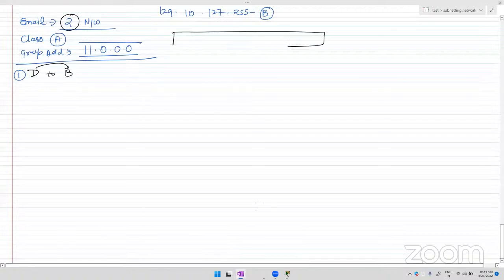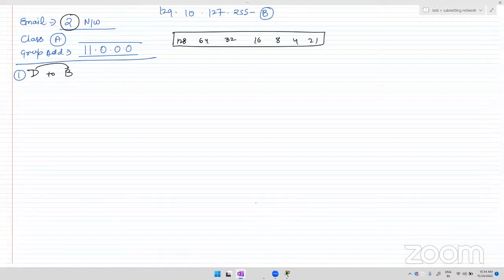So in one octet the values are 128, 64, 32, 16, 8, 4, 2, 1. Now, for decimal 2 to binary: 0, 0, 0, 0, 0, 0, and 2 means this one is on and this one is off. The second task is the borrow bit.